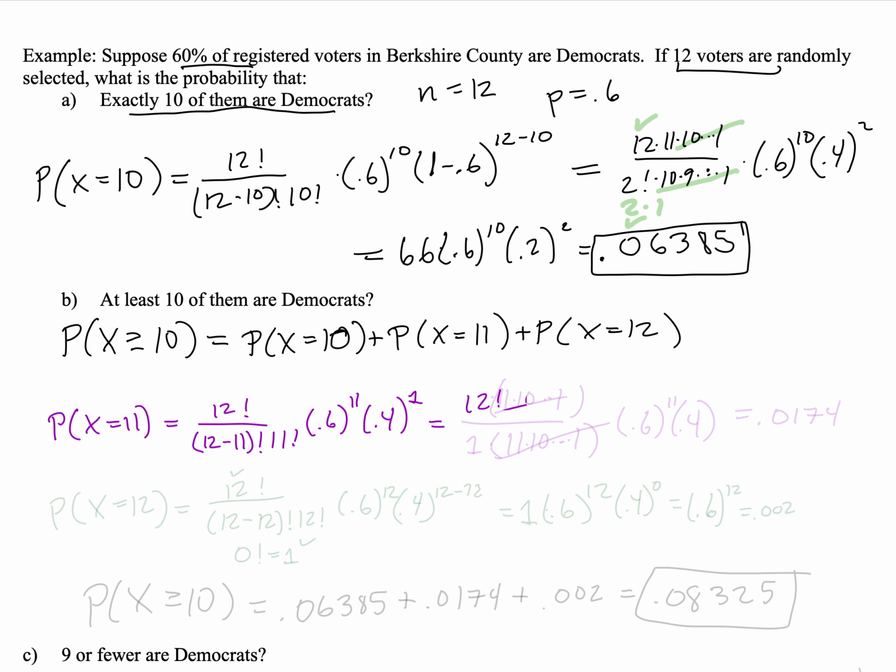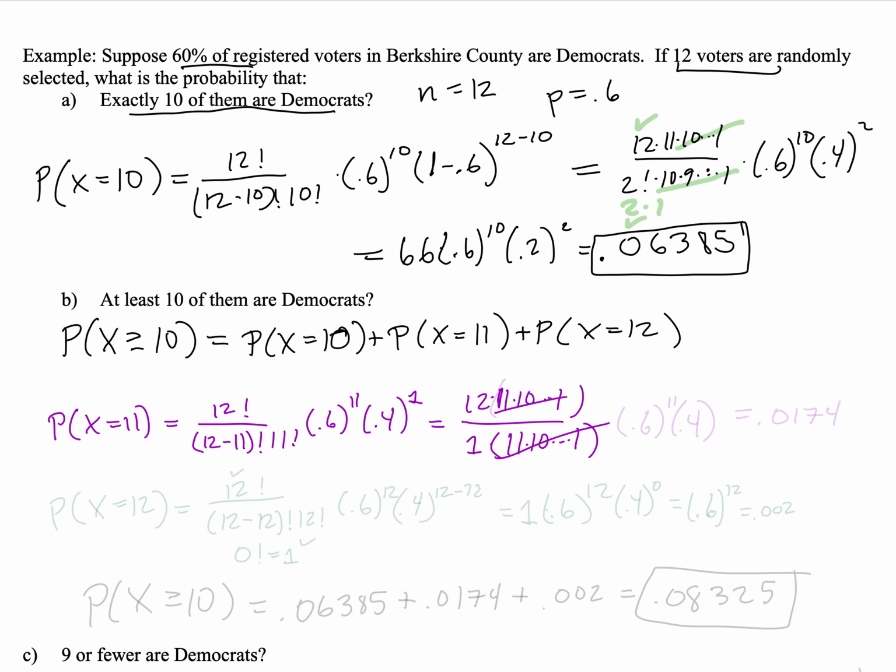So this is 12 times 11 times 10 and so on down to 1, divided by 12 minus 11, which is just 1 factorial, which is just 1, times 11 factorial, 11, 10, and so on down to 1.